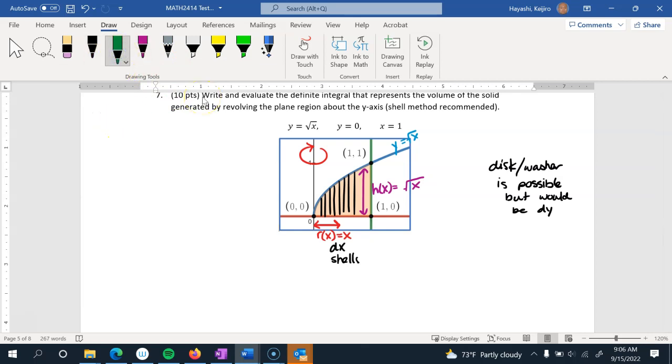And as for your bounds, this is a dx integral, so x goes from 0 to 1, so x equals 0 to x equals 1. Those are your bounds of integration.